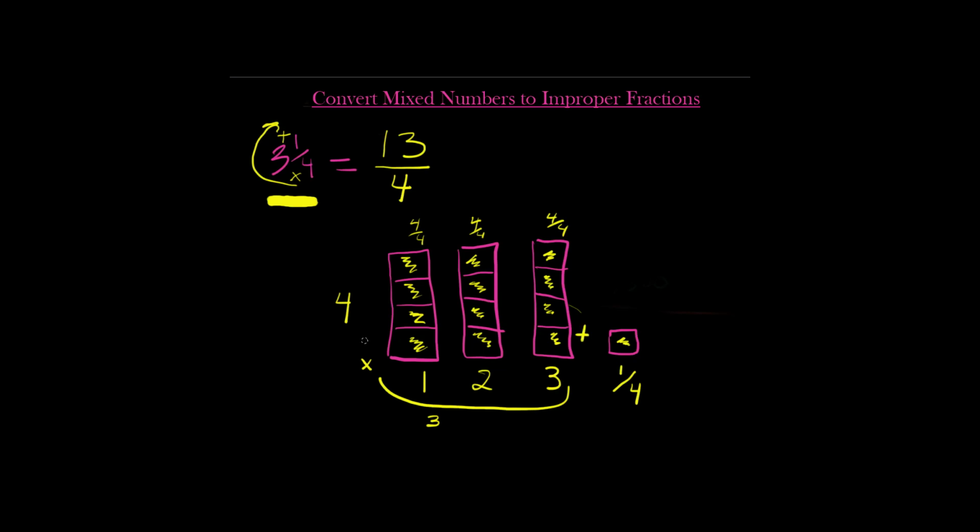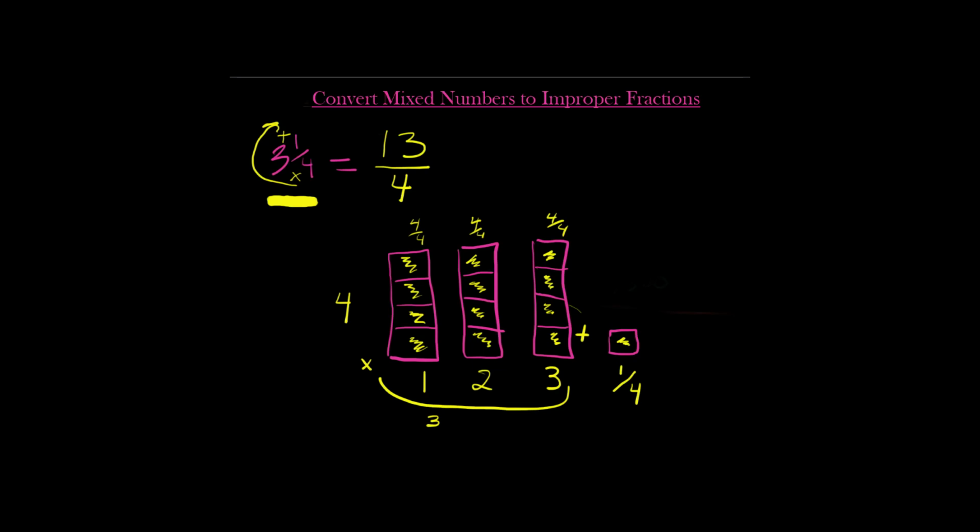So you do 3 times 4, which is 12, plus the 1 extra one here, and that's how you got your 13. And it's still over 4 parts. So 4 times 3 plus 1. You can even draw it out and make a diagram, or you can just memorize the algorithm.